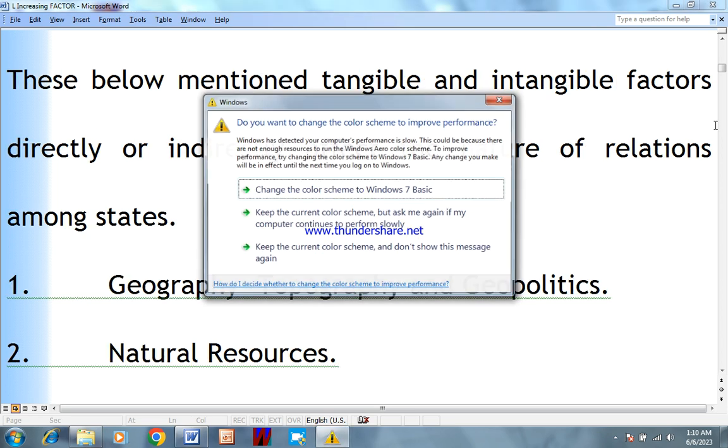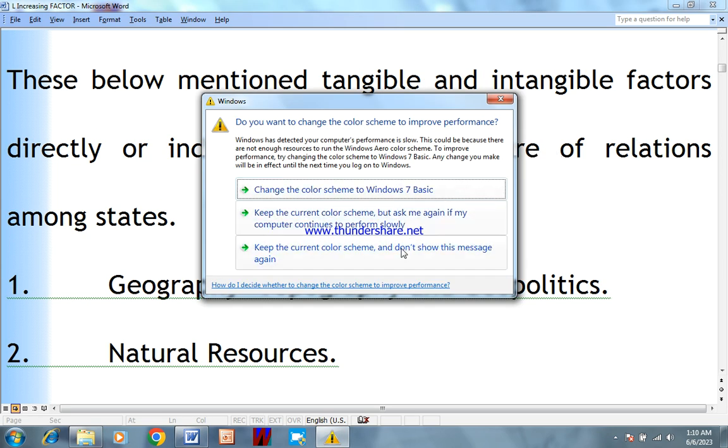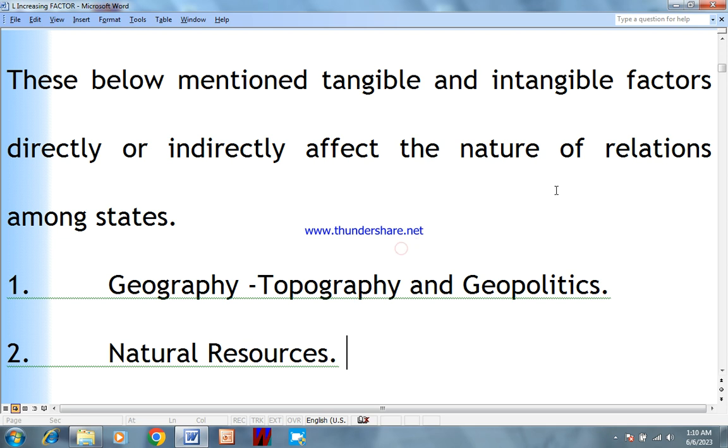These below mentioned tangibles, meaning visible, and intangibles, meaning invisible, factors directly or indirectly affect the nature of interstate relations among states.